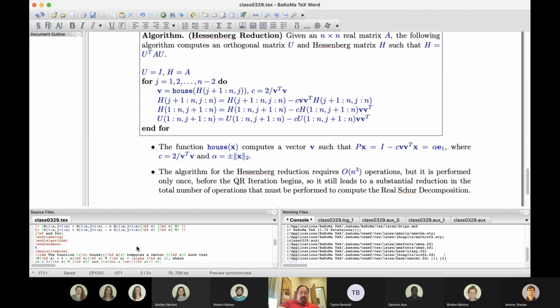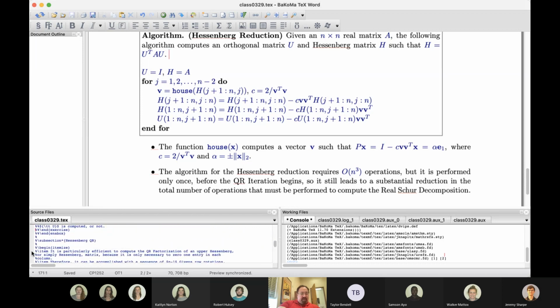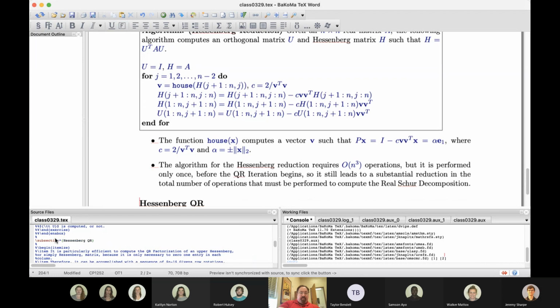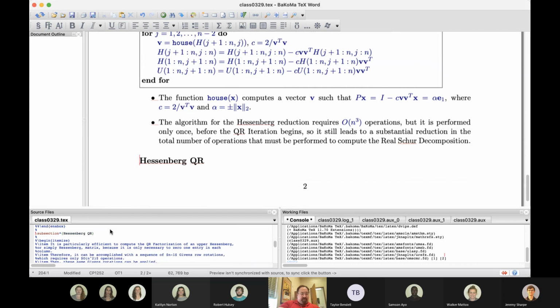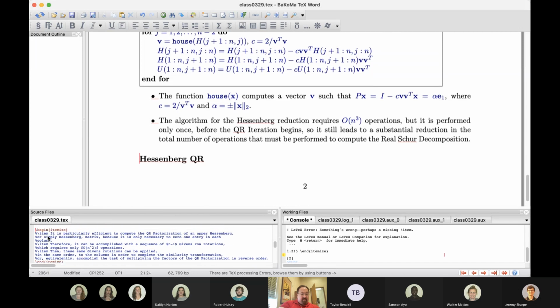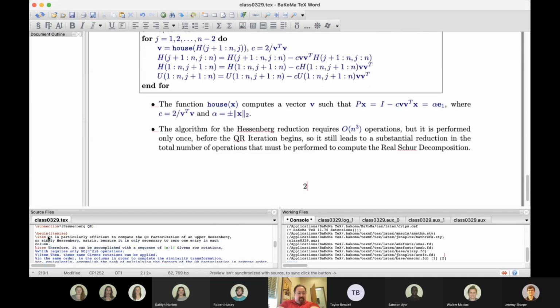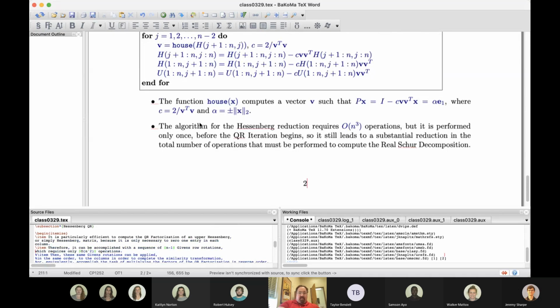We need to take a look at what's involved with computing a QR factorization of a Hessenberg matrix as opposed to a general matrix.